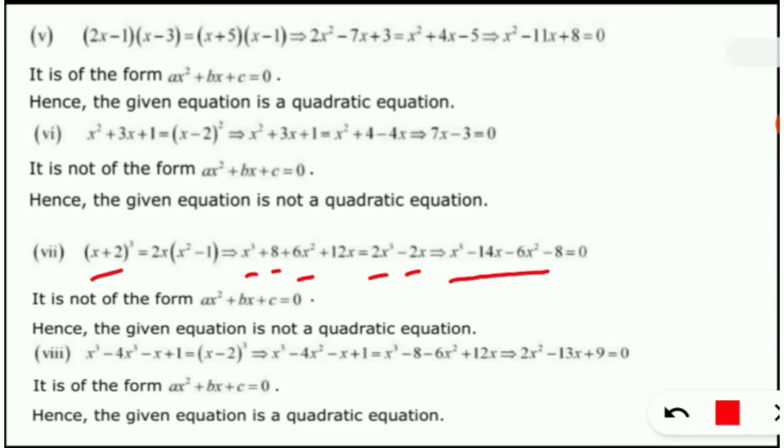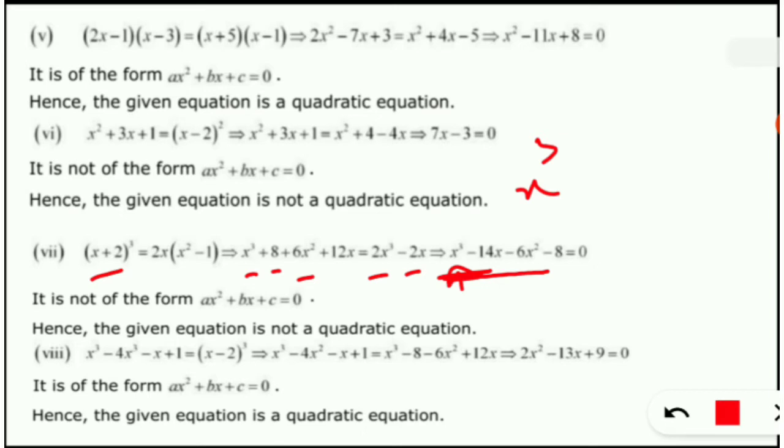Now students, note this here, the highest degree of x is 3, that means here x³ term is present. That's why it is not of the form ax² + bx + c = 0.